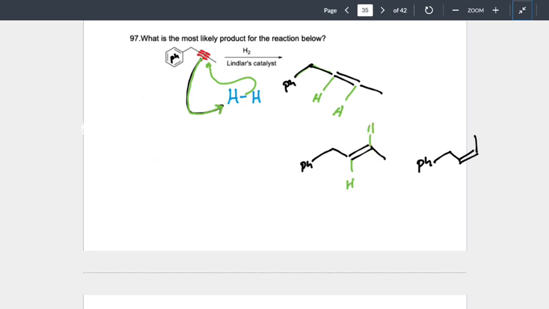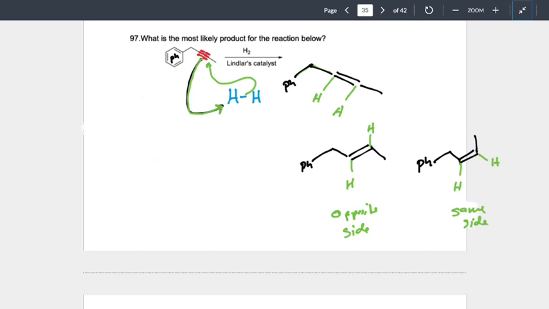And it's all going to be dependent on how the hydrogen was added to our structure. Were the hydrogens added on the same side, or were they added on opposite sides?